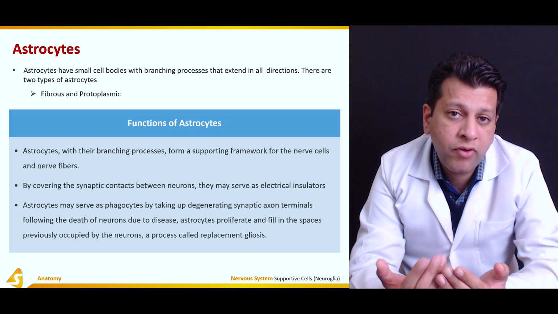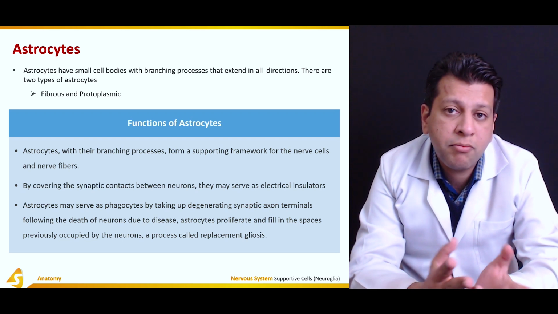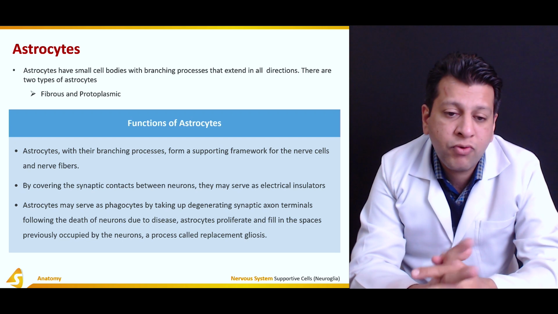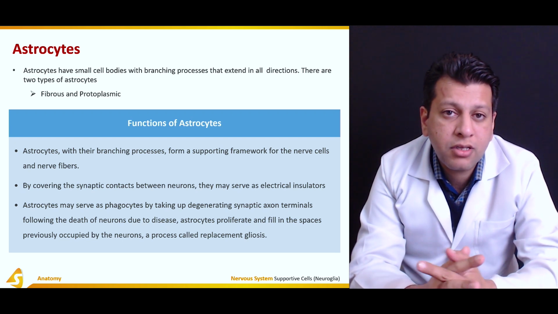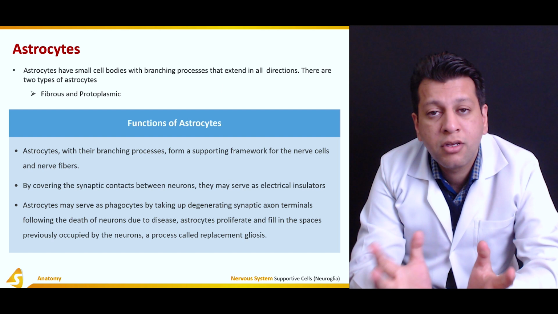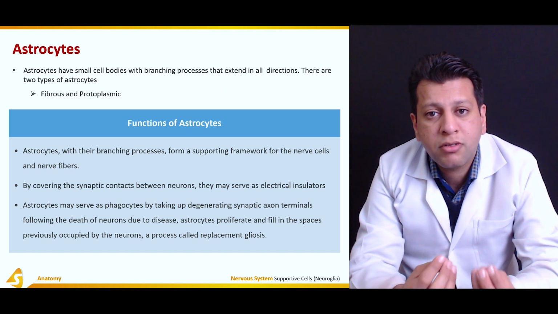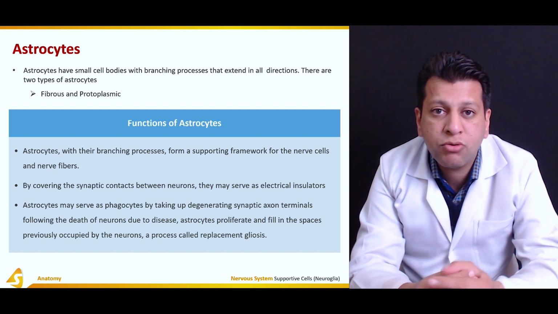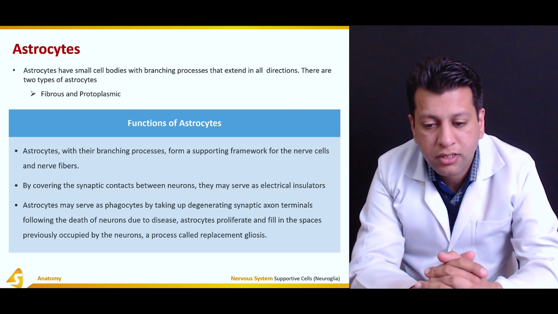So instead, this free space is filled up by astrocytes, and the way they fill it up is called replacement gliosis. The astrocytes replace the damaged neurons which have degenerated.